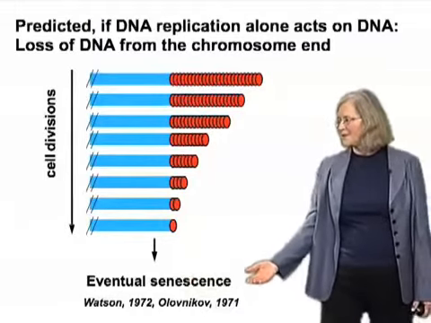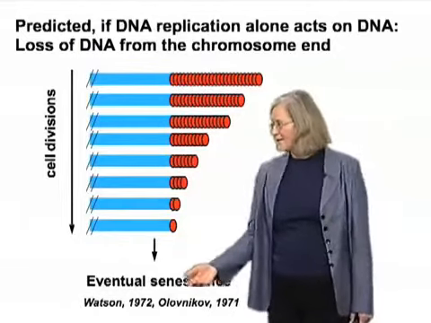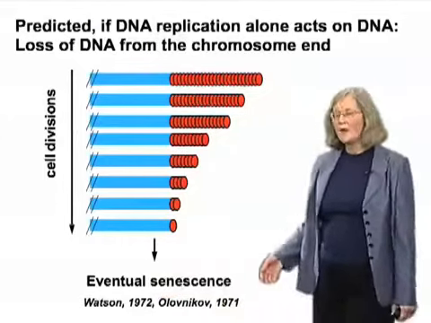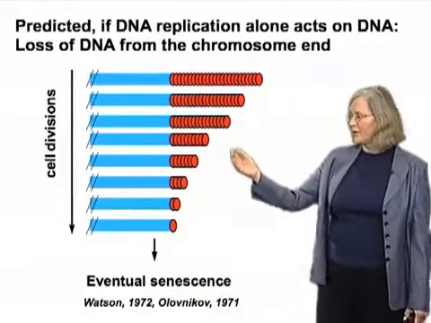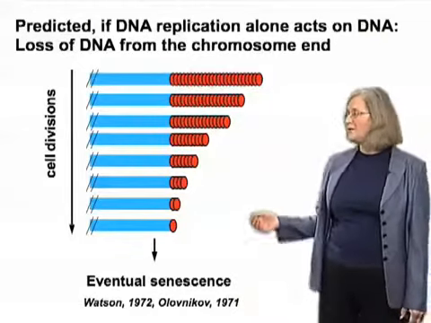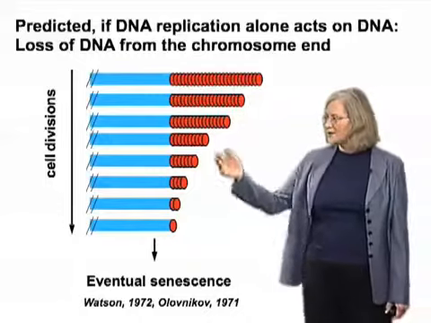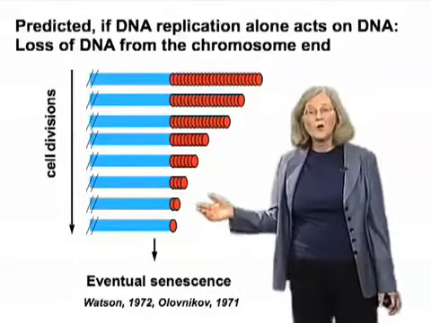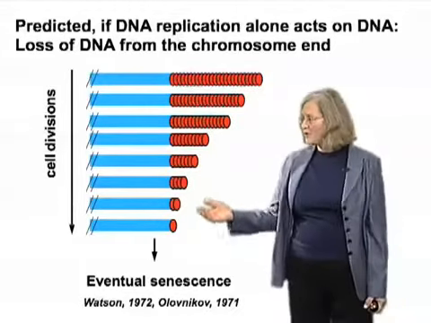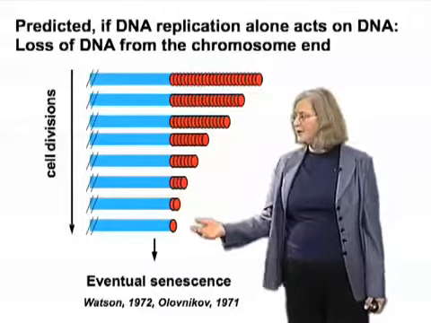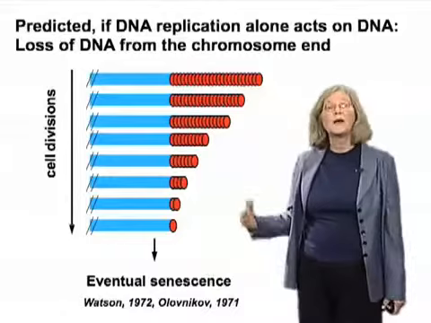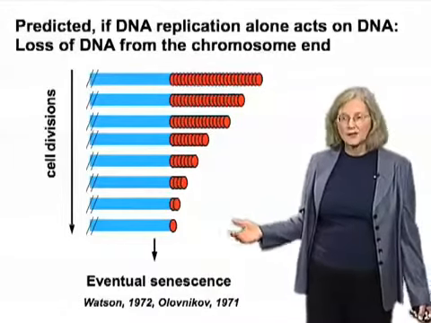And indeed, James Watson, in 1972, just considering the mechanism of DNA replication, proposed this constant shortening problem. And Olovnikov, around the same time, proposed that perhaps such loss of terminal DNA, without knowing at that stage what the molecular nature of the terminal DNA was, could be something that underlies the eventual senescence of cells that is seen sometimes when, for example, human cells are grown in culture.